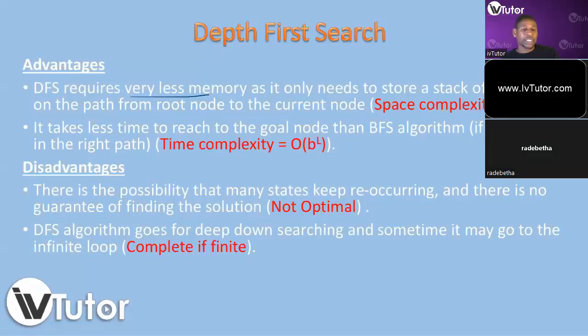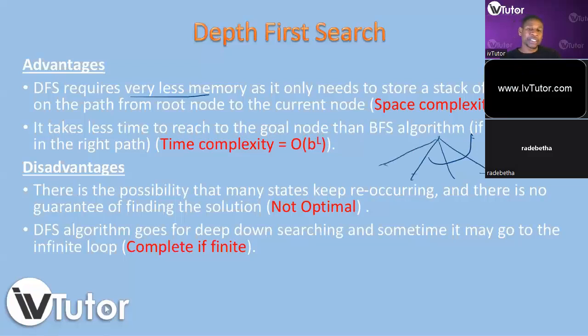So instead of an exponential space complexity, it has a linear space complexity because you can reuse the memory elements. The time complexity, however, is exponential, same as breadth first search.